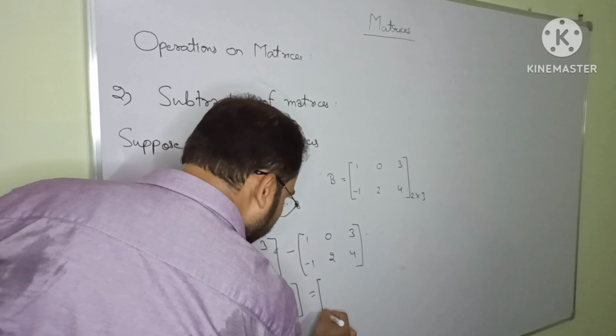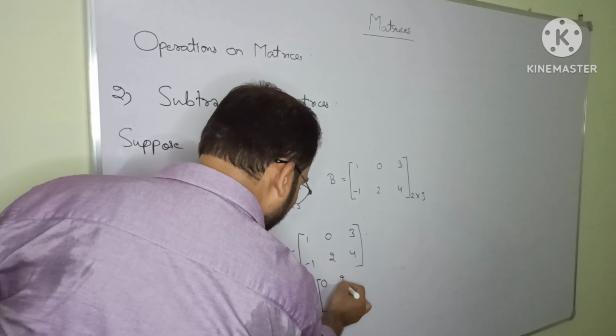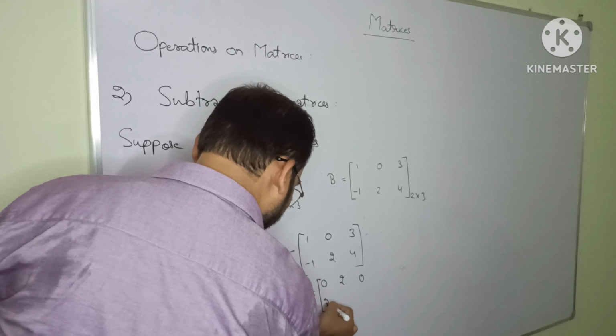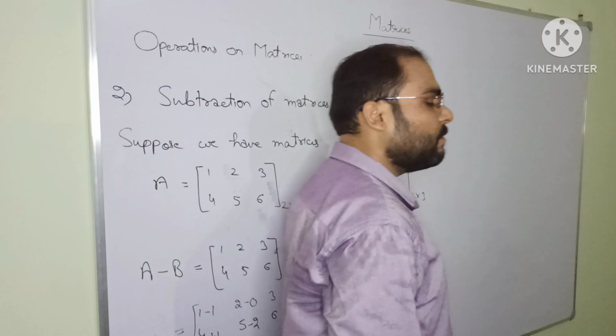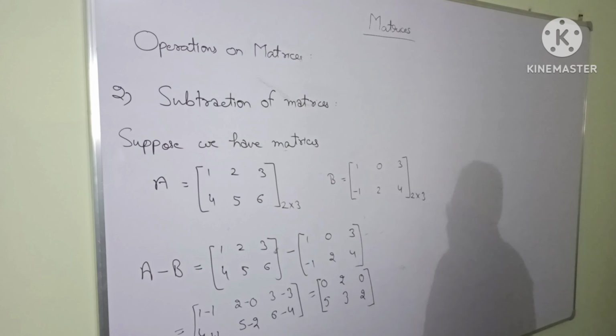So the resultant matrix is 0, 2, 0, 5, 3, 2. In this way we perform subtraction.